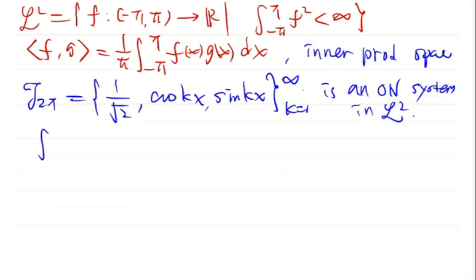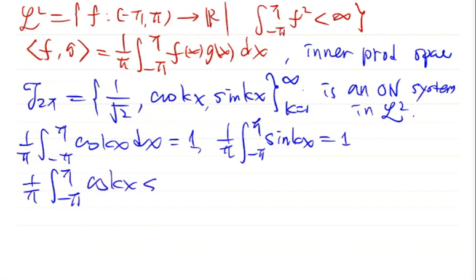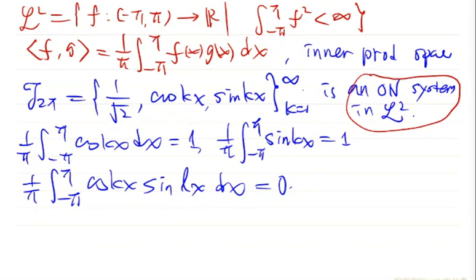For example, you will see that 1 over pi, the integral from minus pi to pi of cosine kx squared dx, is 1, and the integral of sine kx squared is also 1, but the integral from minus pi to pi of cosine kx times sine lx is 0, as you can compute and verify. So the result is that this is an orthonormal system in L2.